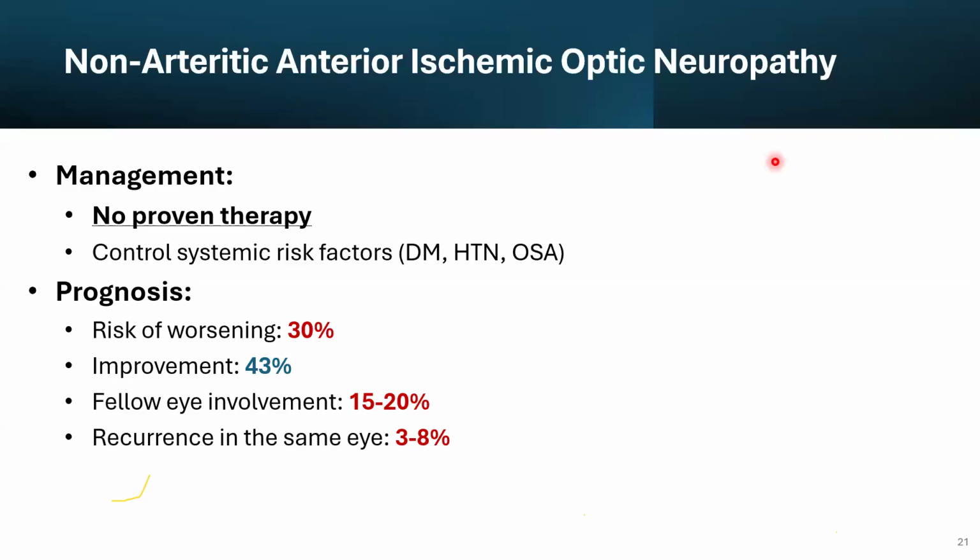When there is ischemia to that area, most of the nerve fibers will be lost, and then we think that the reason for the ischemia is gone. That's why you have rare occurrence in the same eye. So if the fibers are lost, the crowdedness of the nerve will be less.